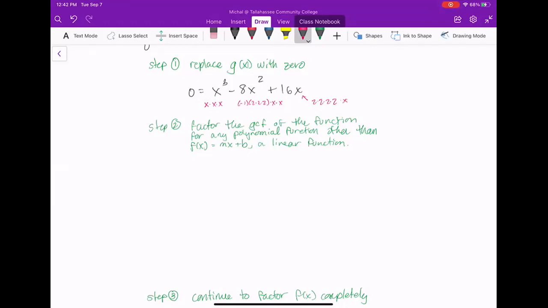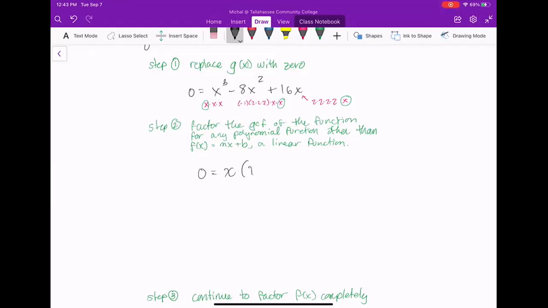So when I think of the largest factor that evenly divides all of these terms, the only term that's in all three of these is x. So that is my greatest common factor. So the first thing I'm going to do is factor out my greatest common factor. 0 is equal to x times whatever's left when I take out one of my x's.